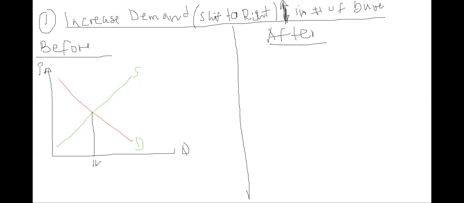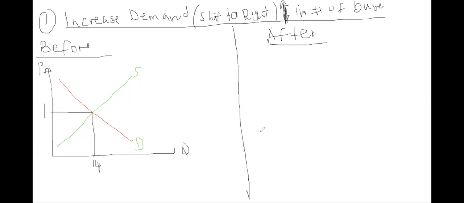So we have 14 here, and then we have 1 here. The aftermath is what happens after an increase in demand. Maybe we have an increase in the number of ice cream buyers. Remember, we are looking at the ice cream market. So when there is an increase in the number of ice cream buyers, obviously this demand curve will shift.